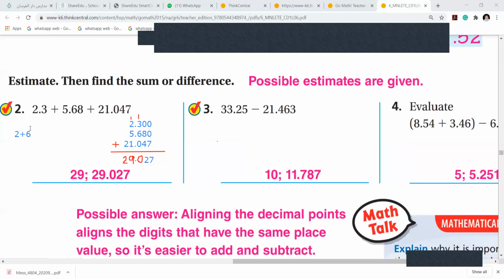Now next one. This one plus what? 21. Plus 21. Very good. So what's the answer? 29. Almost near. Now, go to the next question.